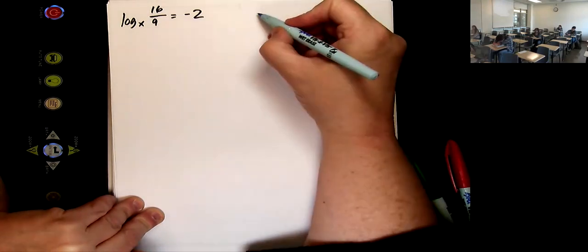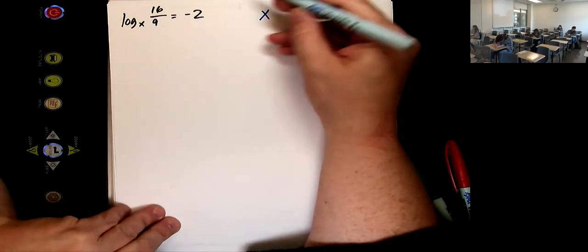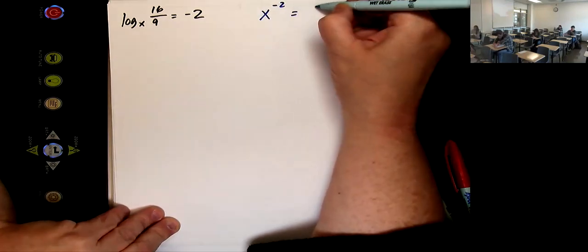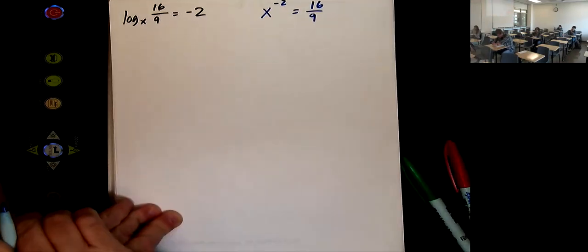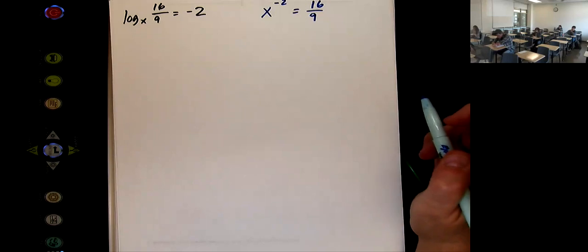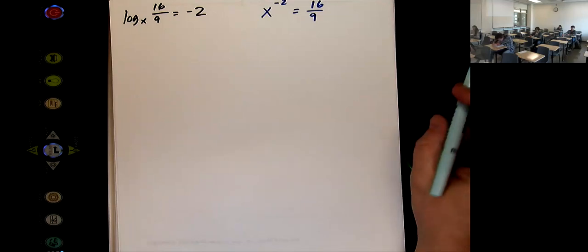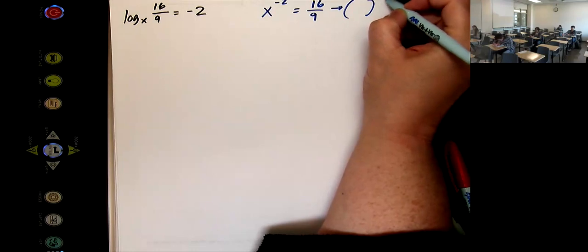My base is the base of the log, the base of the exponent is x. The other side is the exponent. And the argument of the log is that. Ideally, we can rewrite this as something to the -2 power.